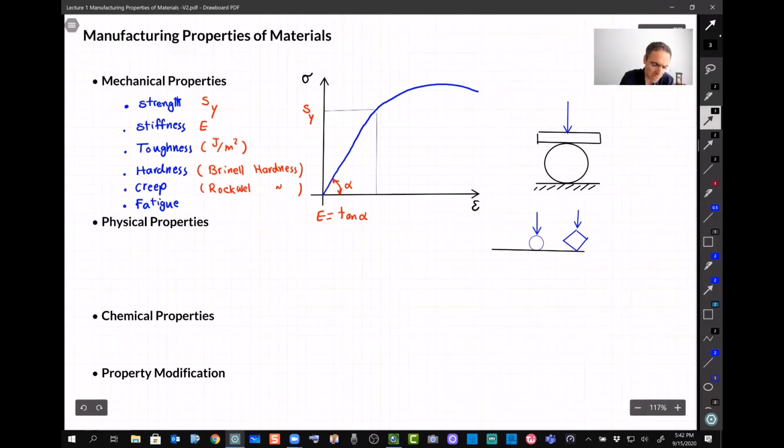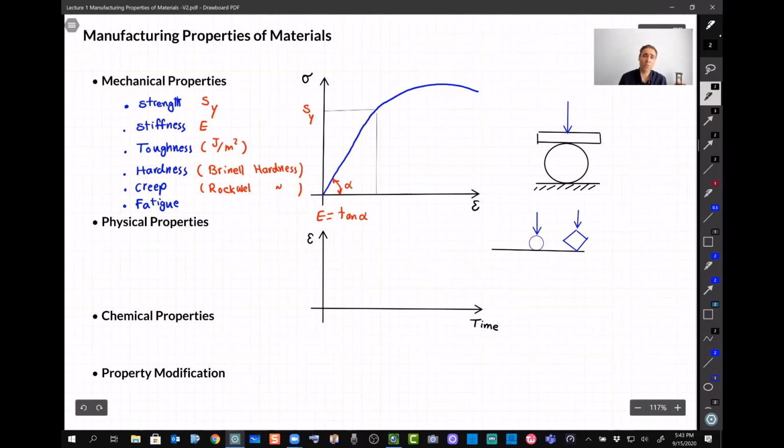What is creep? Creep basically is a measurement of strain or displacement as a function of time. So if I plot a graph with strain, epsilon, on the y-axis, on the x-axis is going to be time.